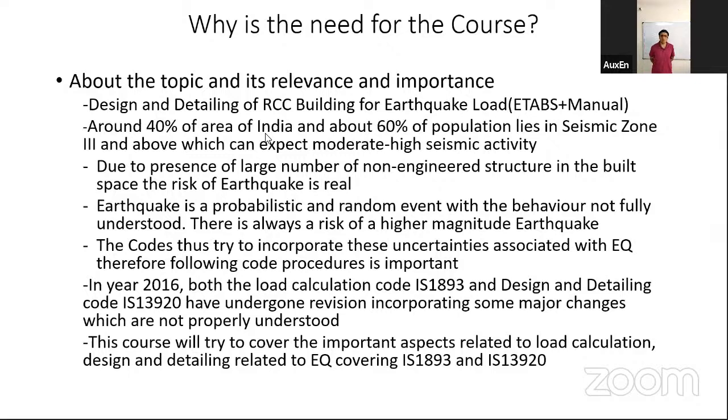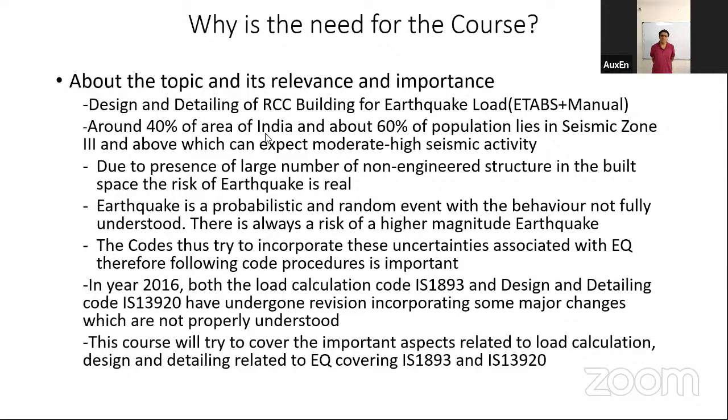These codes have been recently revised. If you have come across this, you must know that these codes were revised in early 2017. Both of them. IS 1893 is your code for load calculation due to earthquake, covering earthquake load calculation and general provisions.